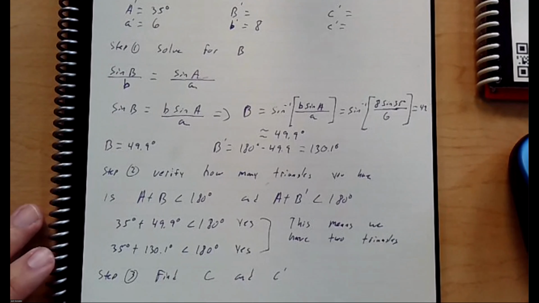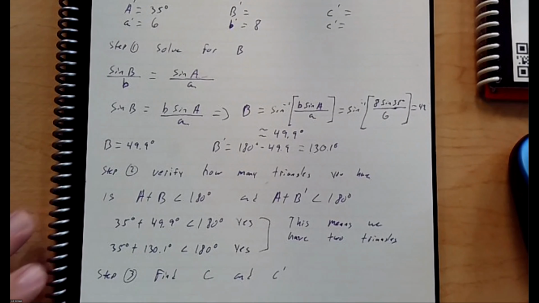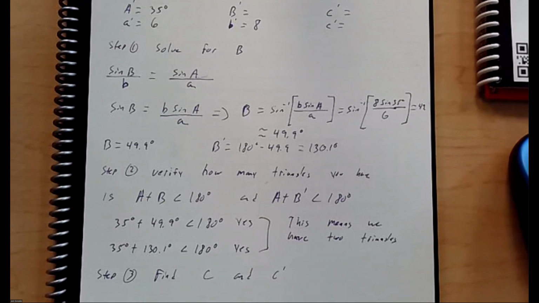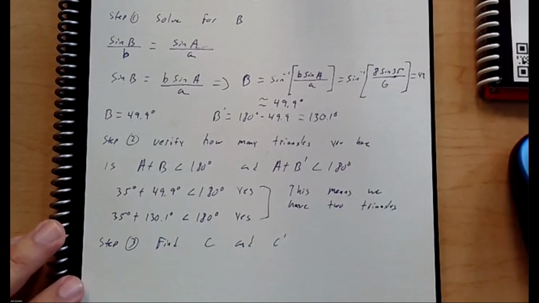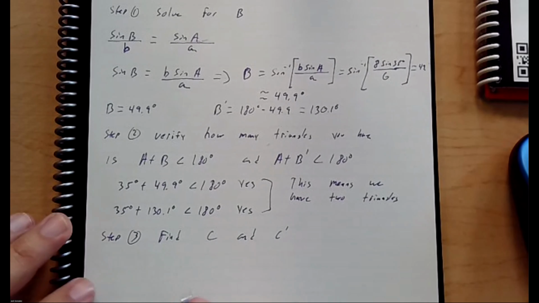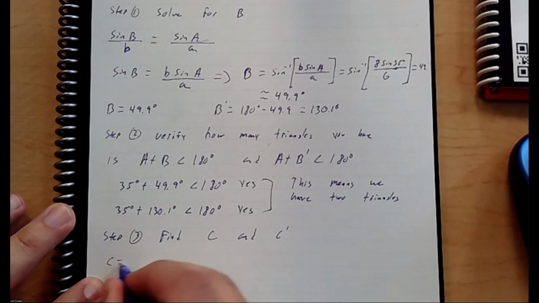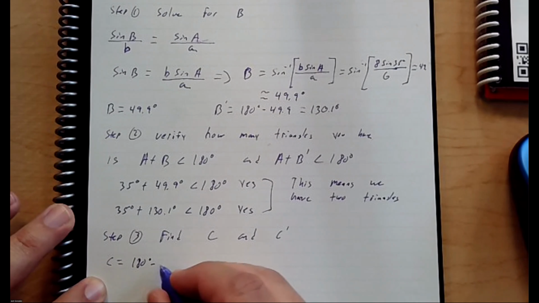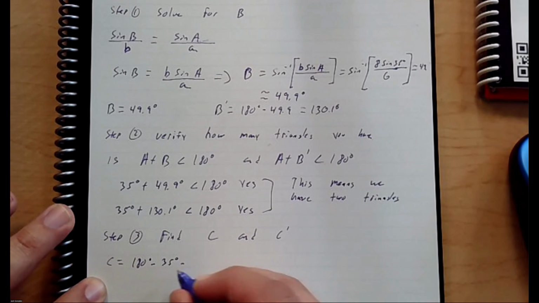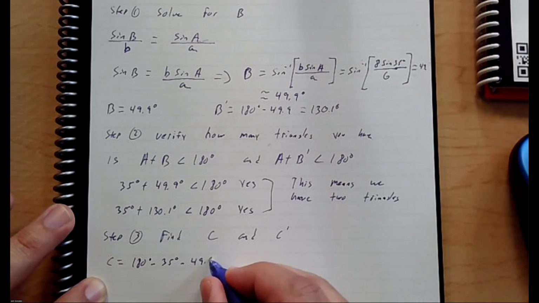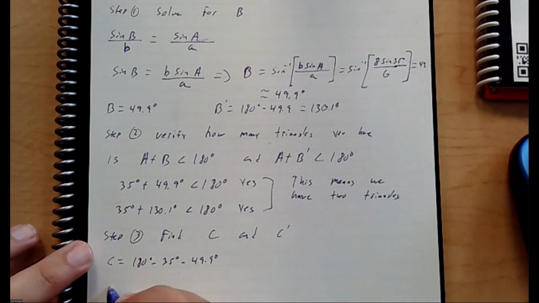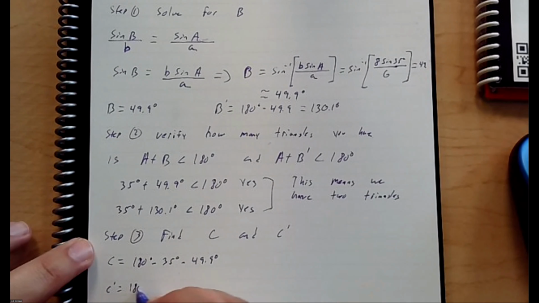Any questions so far? All right. These are easy to find, right? C is equal to 180 minus 35 minus 49.9. C prime would be equal to 180 minus 35 minus 130.1.